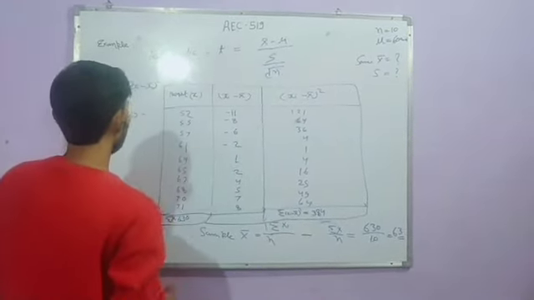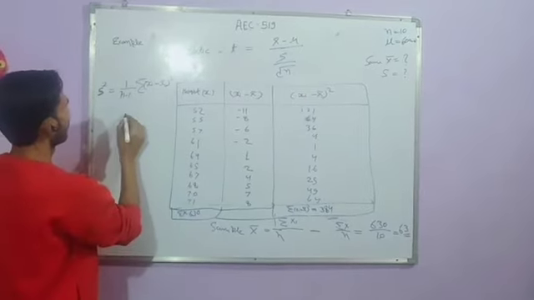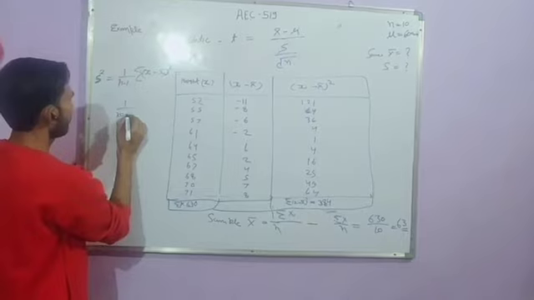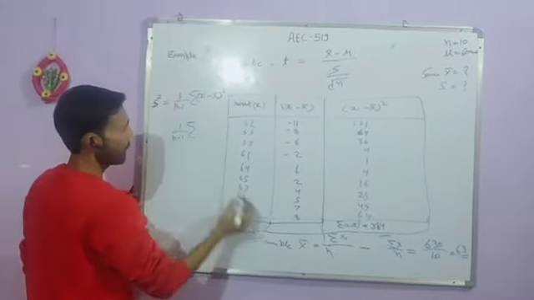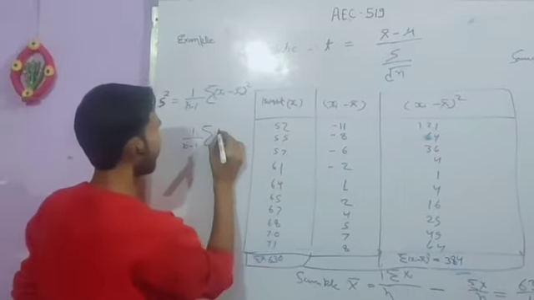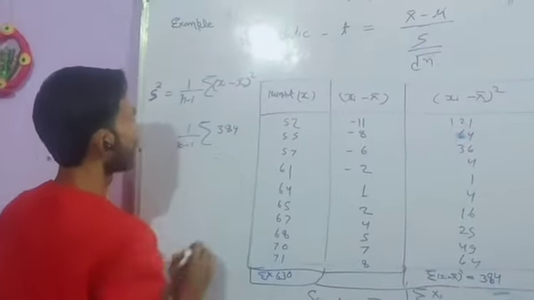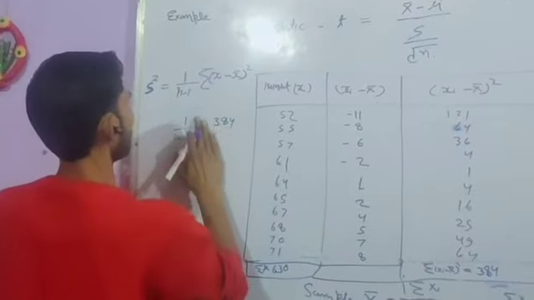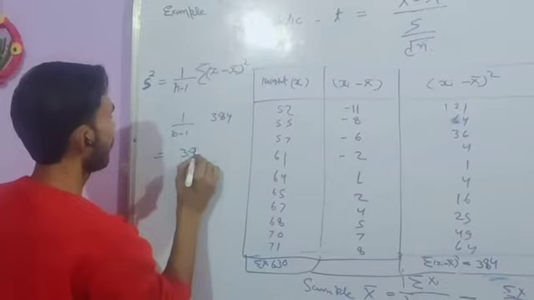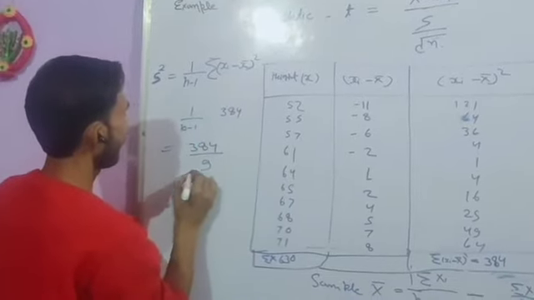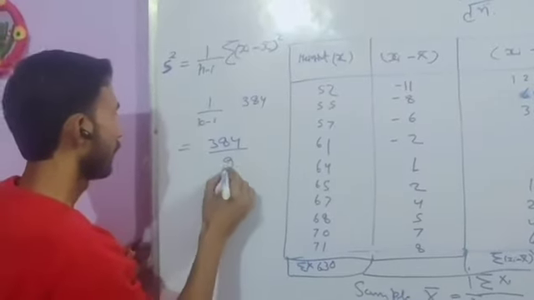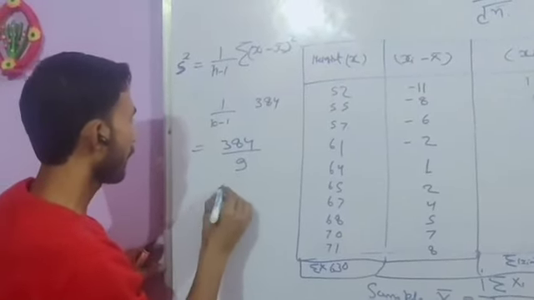Okay, now we put the value: 1 upon n minus 1, that is 10 minus 1. Here summation xi minus x bar whole square is 384. Okay, now 384 divided by 9.